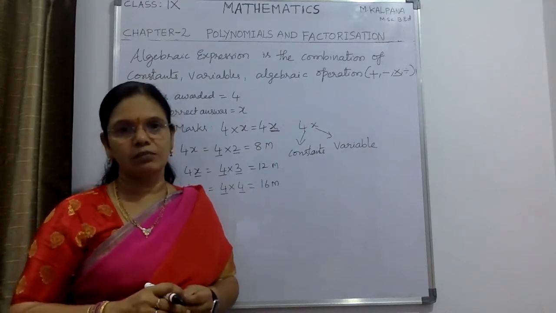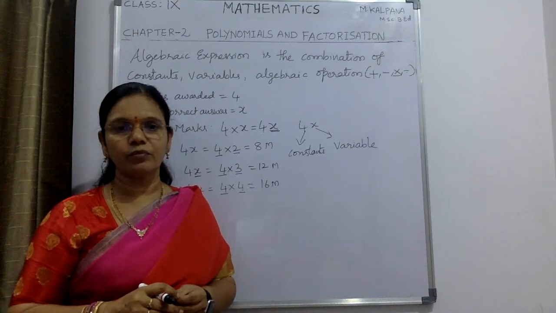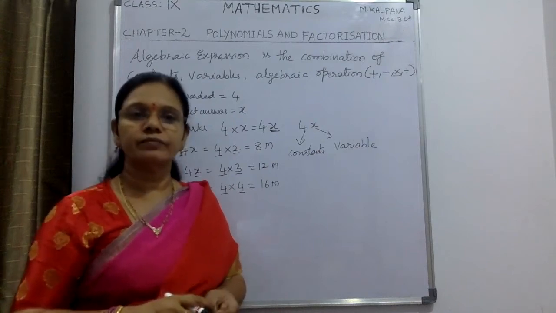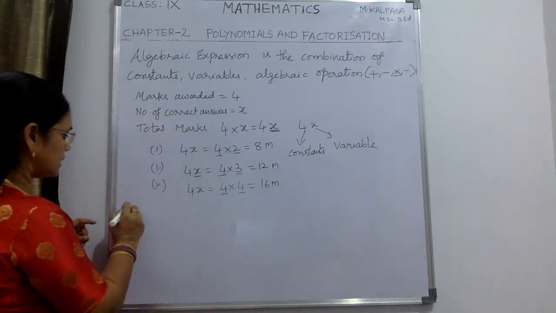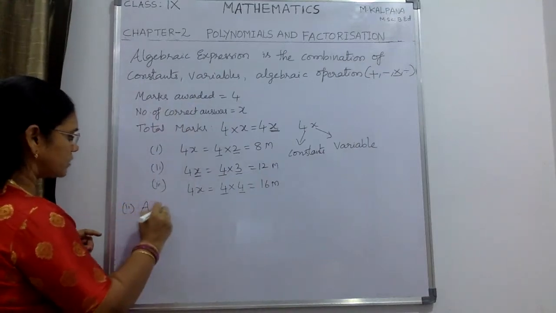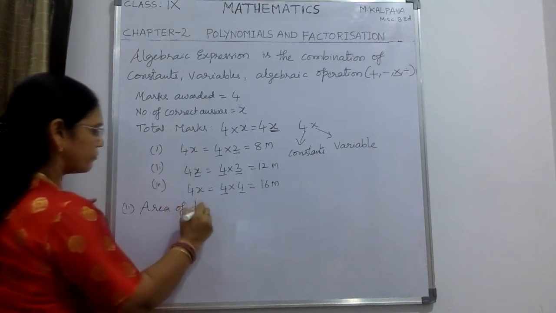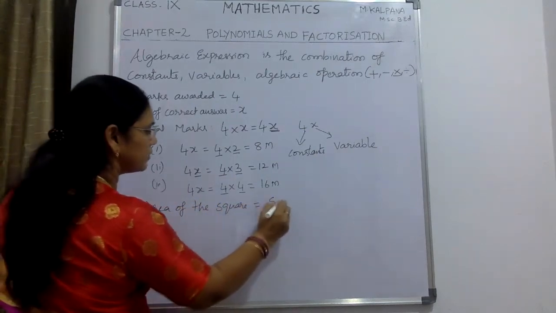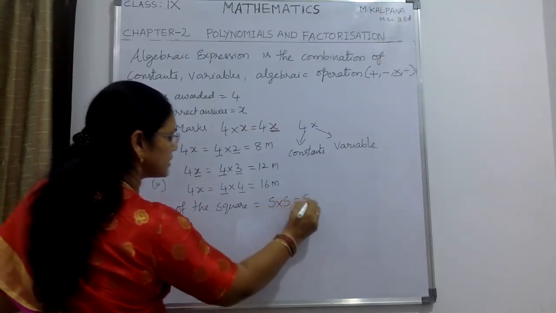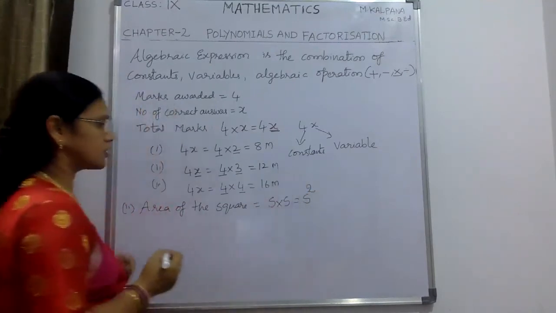Give some more examples like this, children. Okay, let us take the area of the square. Area of the square is side into side, that is side square.